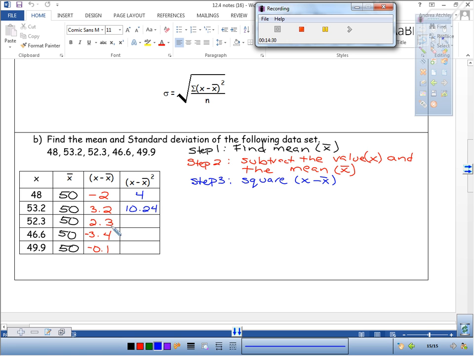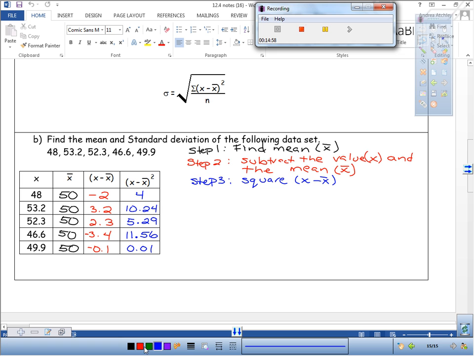Then you get 2.3, square it, and get 5.29. Then take negative 3.4, square it, and get 11.56. And then 0.1 squared is 0.01.